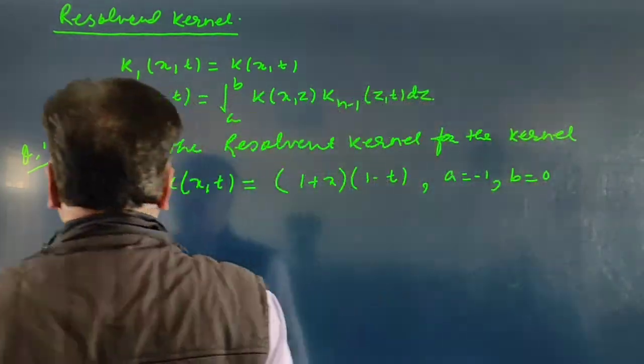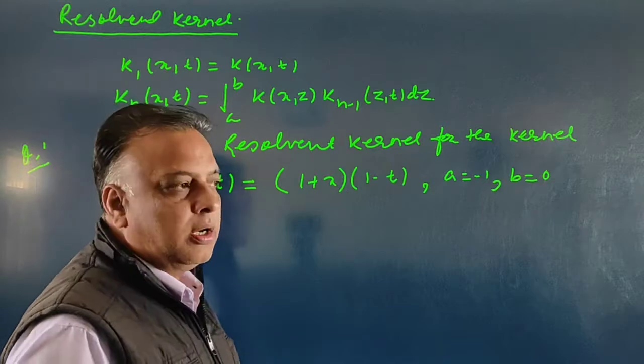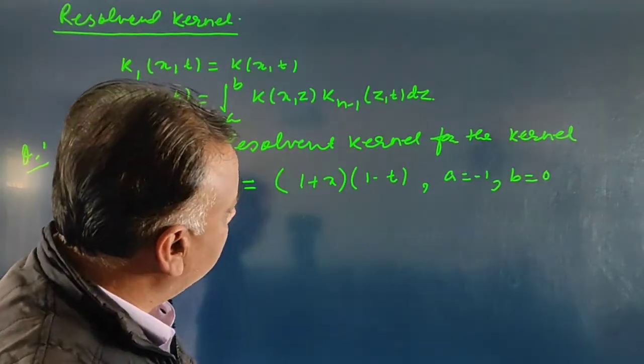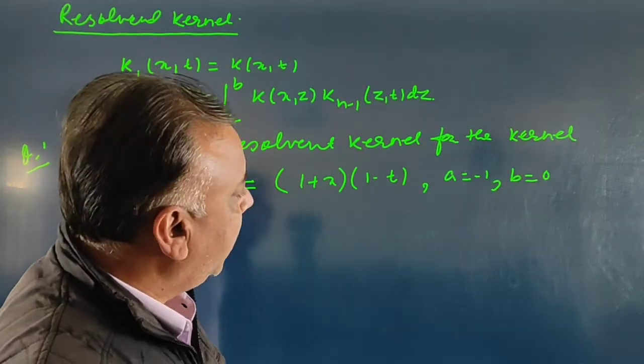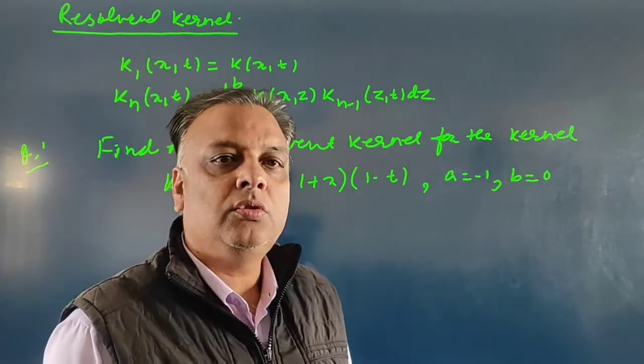We have to find the resolvent kernel for this given kernel K(x,t), where K(x,t) is equal to (1 plus x)(1 minus t), a is equal to minus 1 and b is equal to 0.